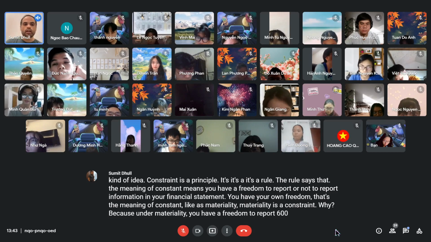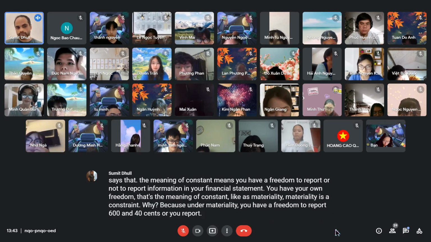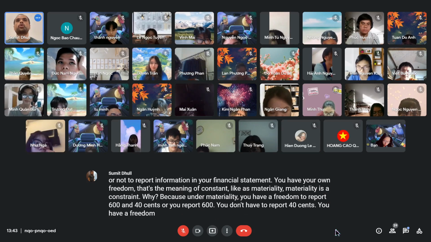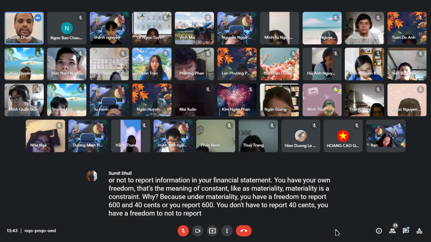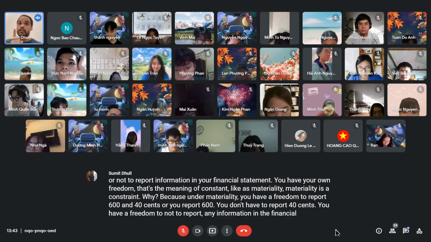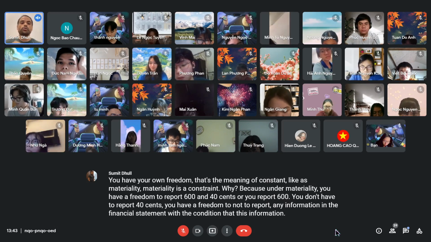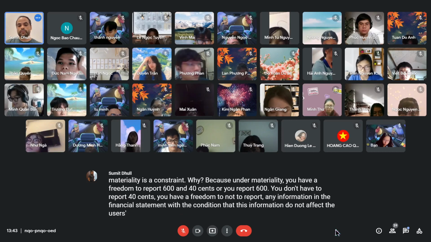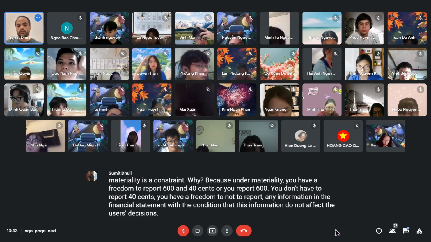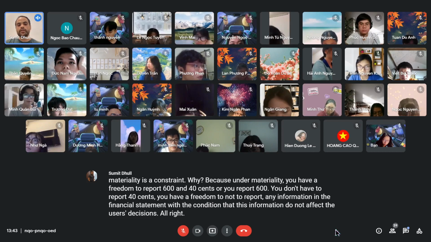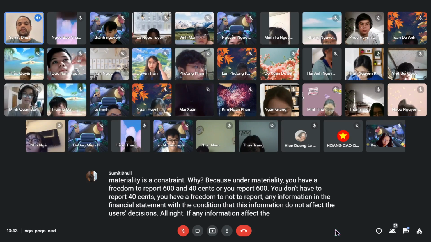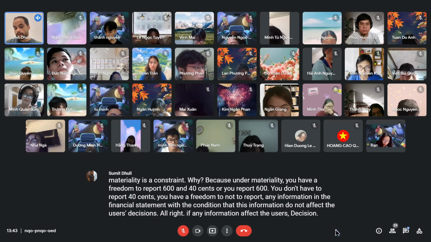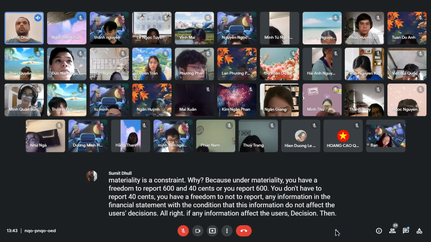report 640 or you report 600. You don't have to report 40 cents. You have the freedom to not report any information in the financial statement, with the condition that this information does not affect the user's decisions. If any information affects the user's decision, then you must disclose it.